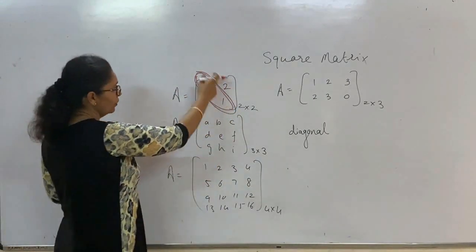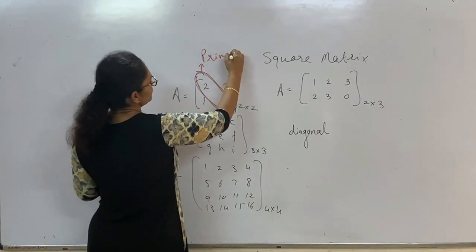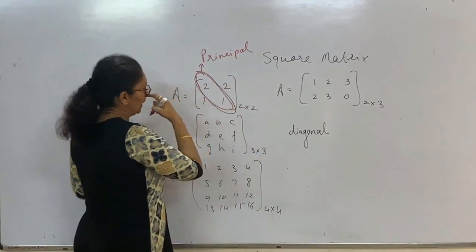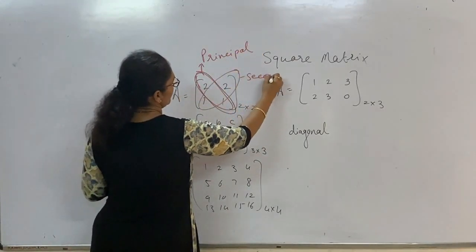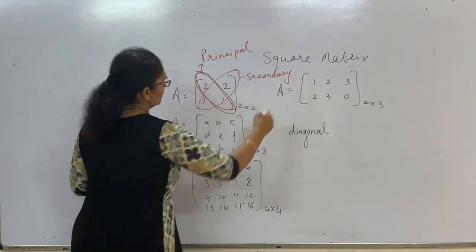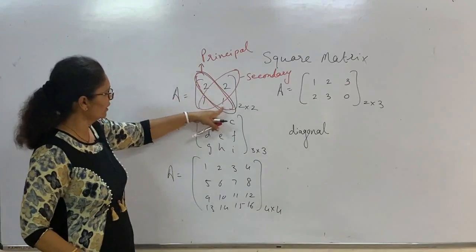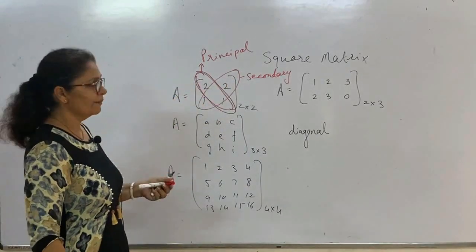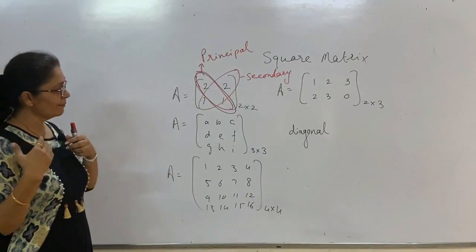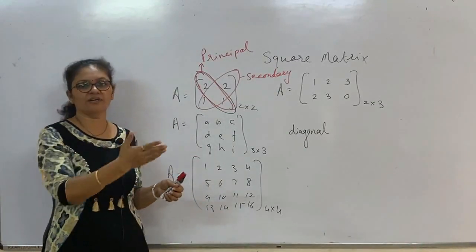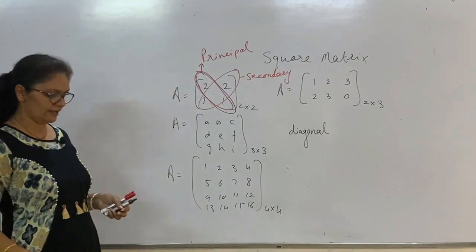Okay, the first diagonal is your principal diagonal, and this other one is called the secondary diagonal. Now we have discussed two types of diagonal: one is principal, one is secondary. Principal diagonal is also called the primary diagonal, or the major diagonal. Secondary diagonal can be called the minor diagonal or the secondary diagonal.